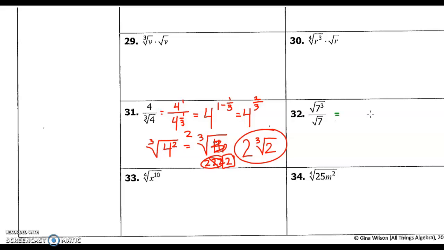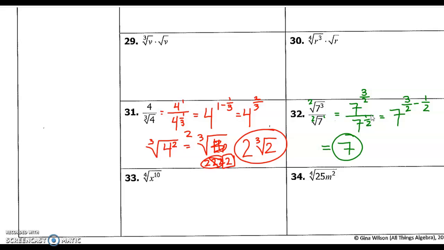Same thing here. We have 7 to the power of 3 over 2 over 7 to the power of 1 over 2. If I'm dividing like bases, I subtract the exponents. So 3/2 minus 1/2 would be 2/2, which is 1, right? And 7 to the power of 1 is just 7.